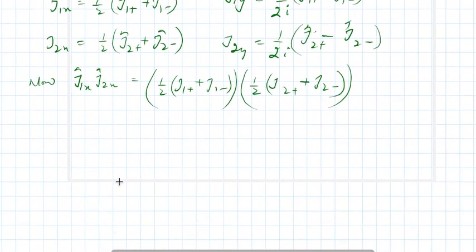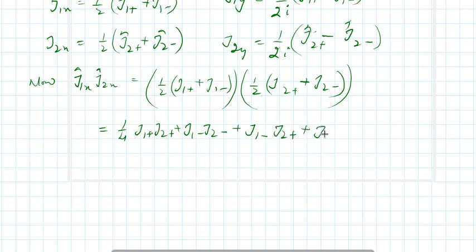That means it's equal to 1 by 4 (j1 plus j2 plus plus j1 plus j2 minus plus j1 minus j2 plus plus j1 minus j2 minus).